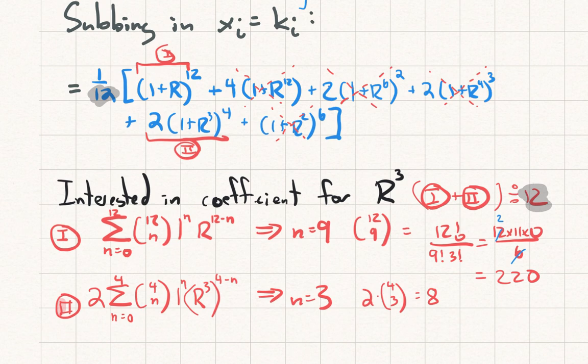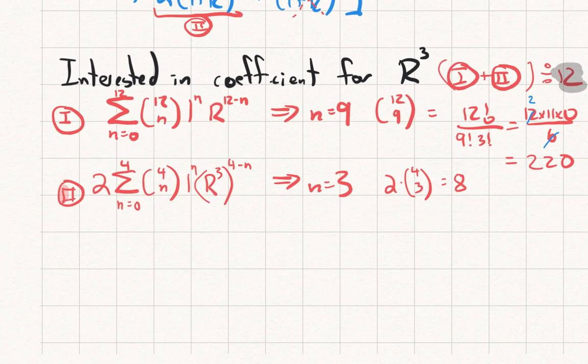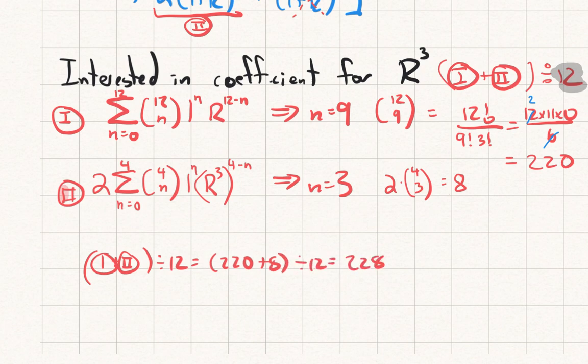So let me scroll here. So we have 1 plus 2 divided by 12 is 220 plus 8 divided by 12, which is 228 divided by 12.